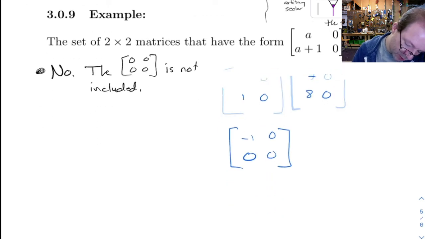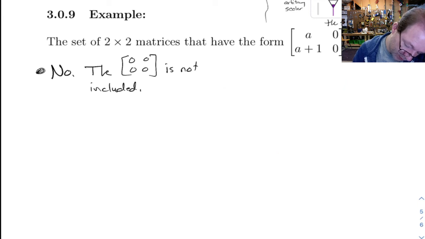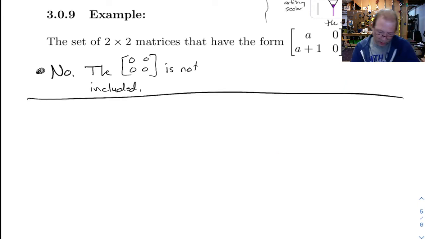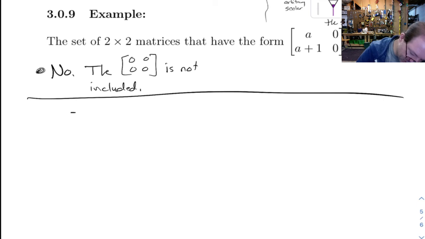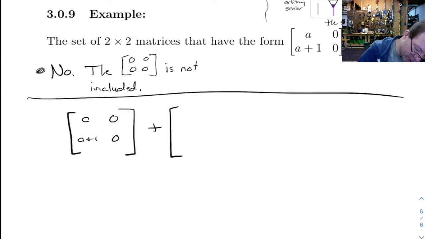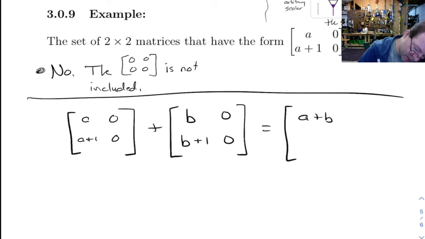Now, if we wanted to do this more formally, what we could do is pick 2 arbitrary matrices. One would look like this. And then when we add another one onto it, when you add these up, this becomes A plus B. This is 0, this is 0.